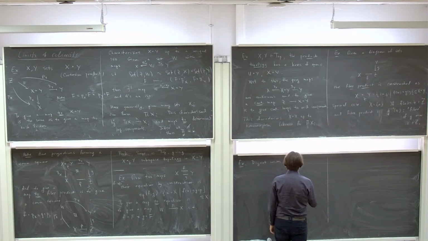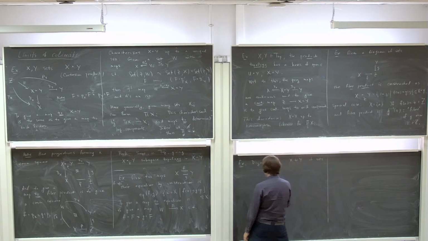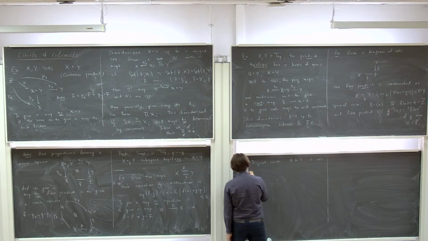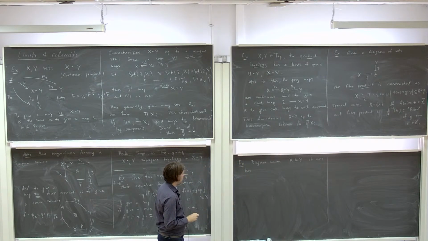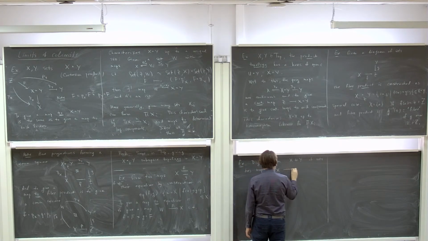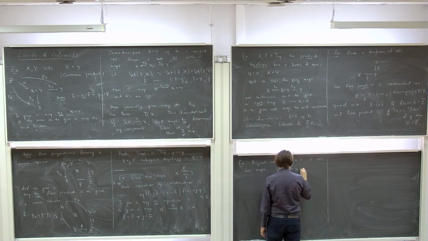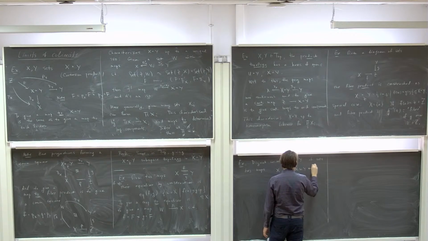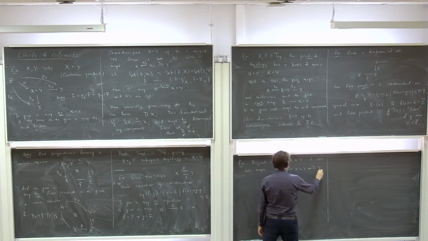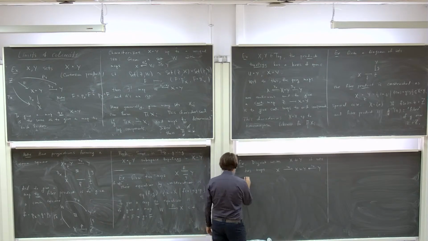So the disjoint union of sets has two inclusion maps coming into it, let me call them Ix and Iy.